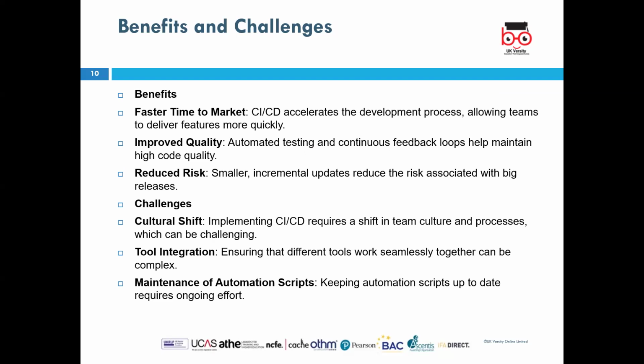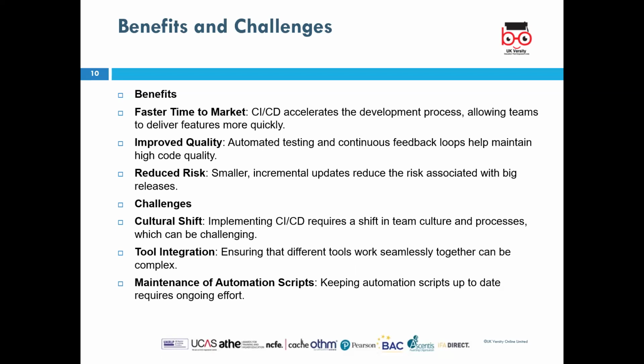We now have faster time to market. So we have scalability, where we can accelerate the development process, allowing our team to deliver features more quickly. We have improved quality.